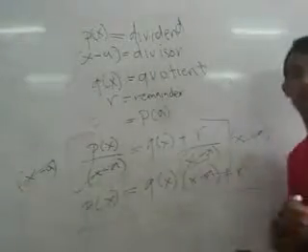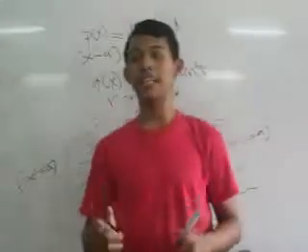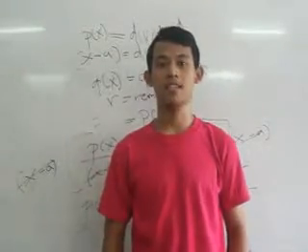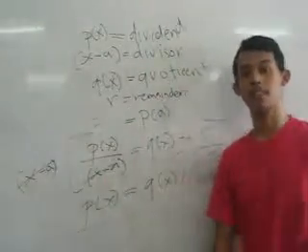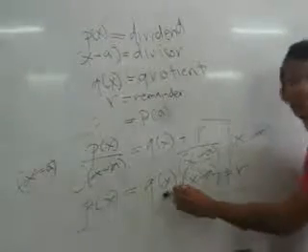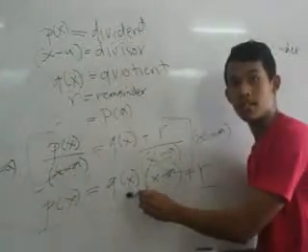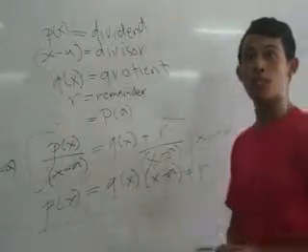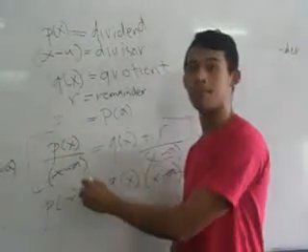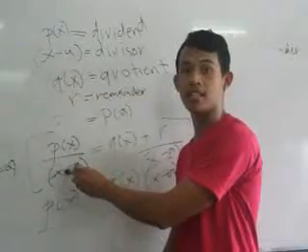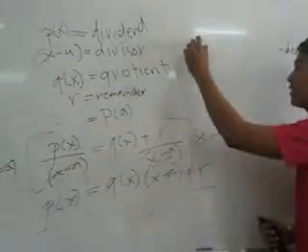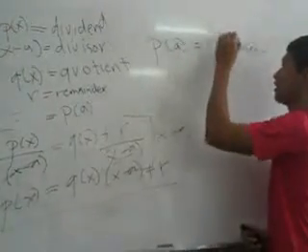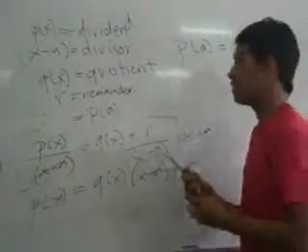So now, in general, if Q of x is the quotient and r is the remainder when polynomial P of x is divided by x minus a, then we need to prove that P of a is equal to the remainder. But how? Let's try this equation.